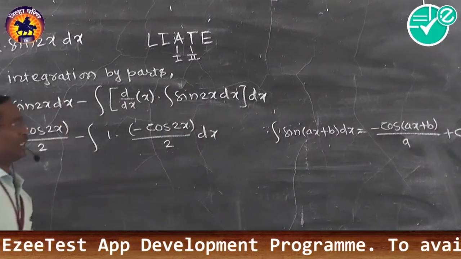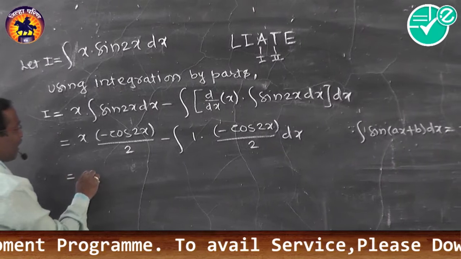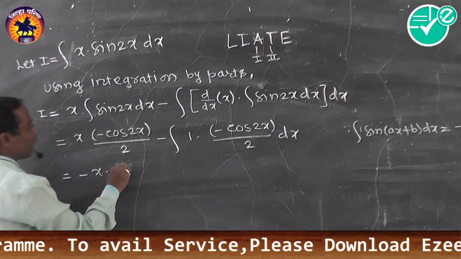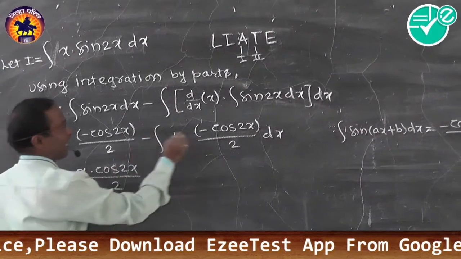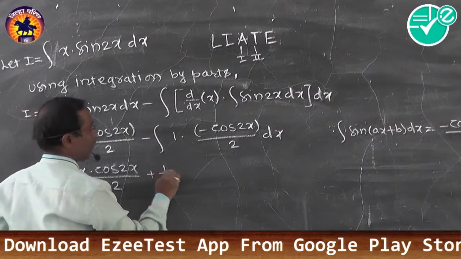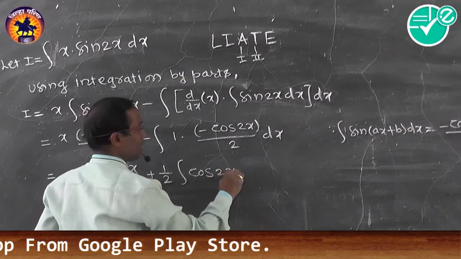So we use this formula. By using this formula, we get minus x into cos 2x upon 2. Minus minus becomes plus 1 by 2 into integral of cos 2x dx.